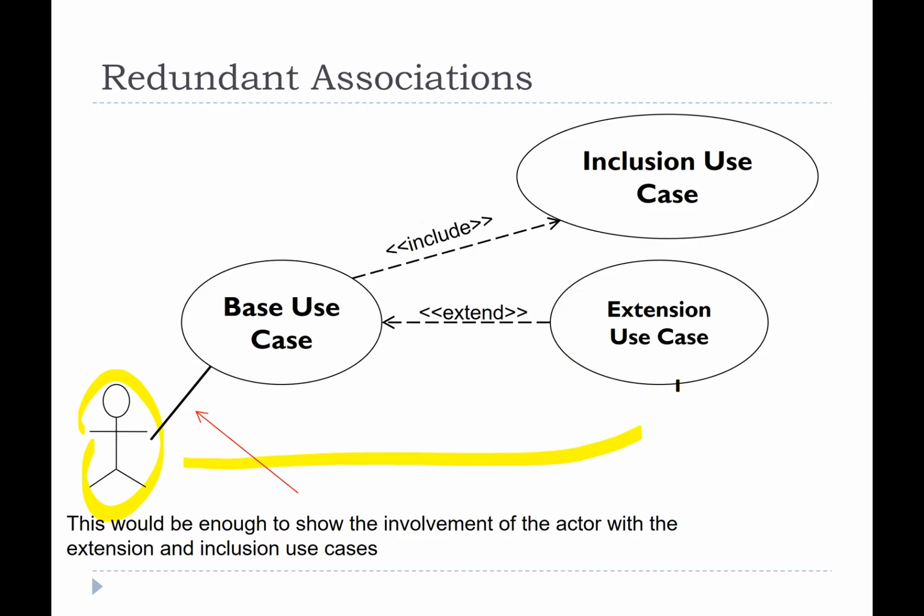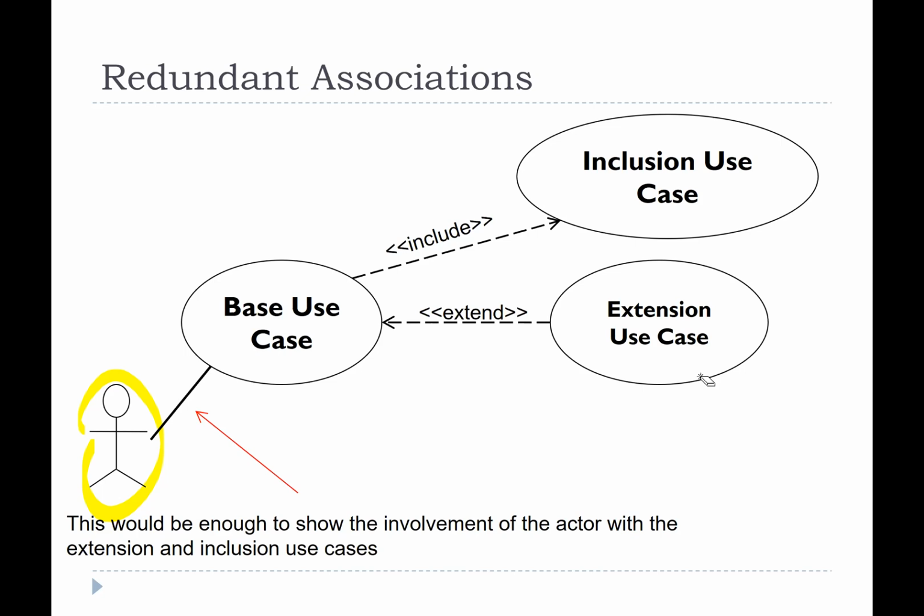I don't need an association directly with the extension, unless what is in the extension is on its own a full-blown use case that I would be interested in doing by itself. And again, be wary: am I really falling into functional decomposition here or not? Unless I want to do it by itself without the base use case, I don't need to have that line go into the extension use case.